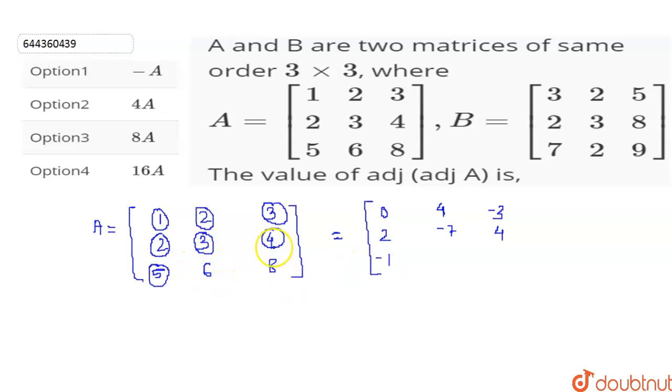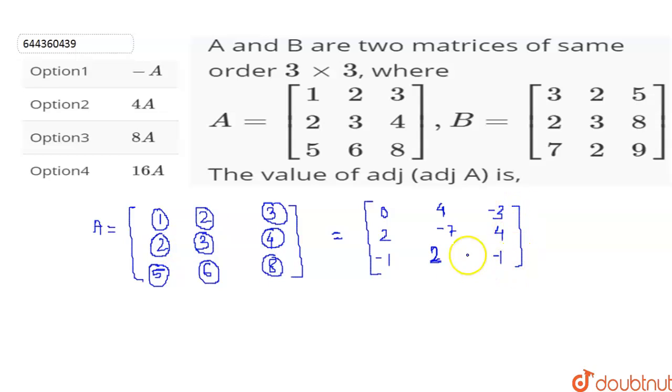Right, now for this entry, we have our matrix as 1 into 4 minus 2 into 3, so that gives us minus 2, and there is a sign change, so minus of minus 2 gives us plus 2. Right, and now we have to find for this entry, so this gives us 1 into 3 minus 2 into 2, and without any sign change, so this is minus 1.